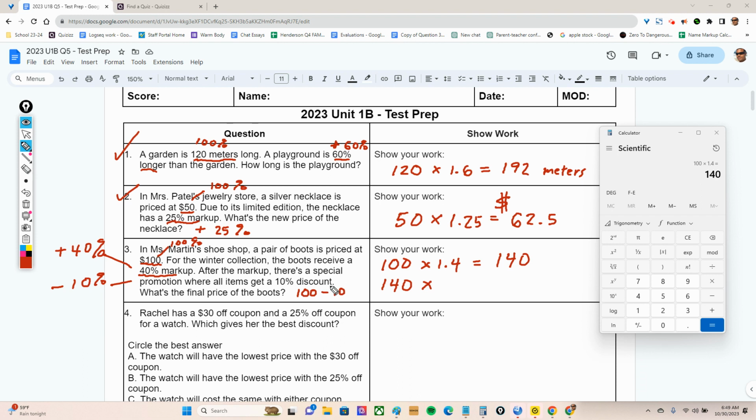Okay, we're talking percents here. Okay, and that gives us 90%.